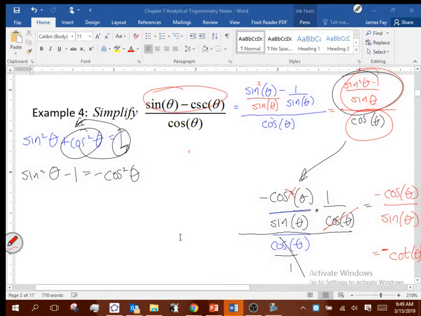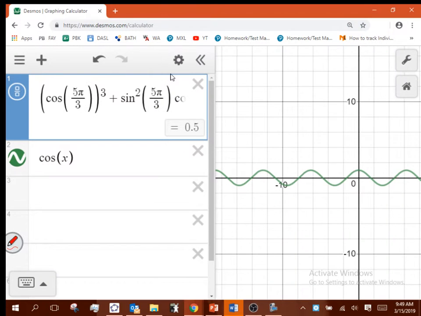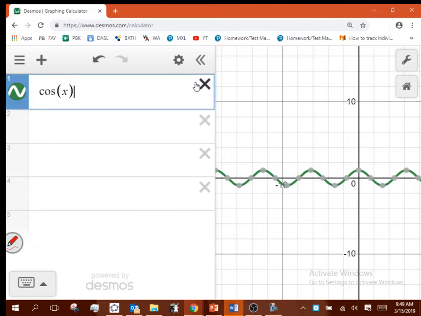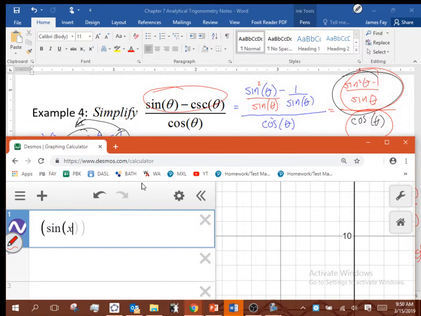Negative cotangent theta. Let's see if that is an accurate answer.